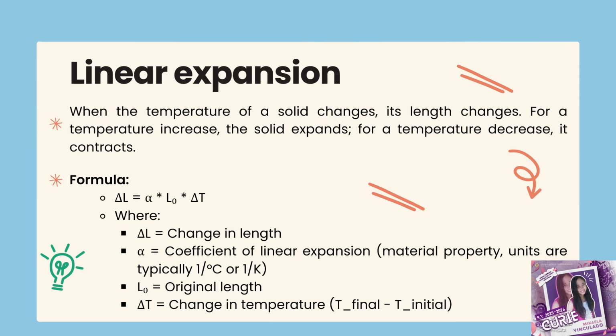Here is the formula of linear expansion: delta L equals L naught times alpha times delta T, where delta L is the change in length, L naught is the original length, alpha is the coefficient of linear expansion, and delta T is the change in temperature.